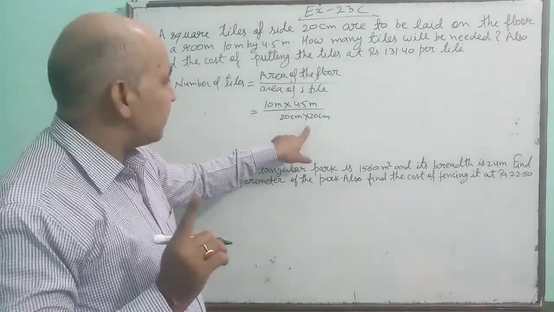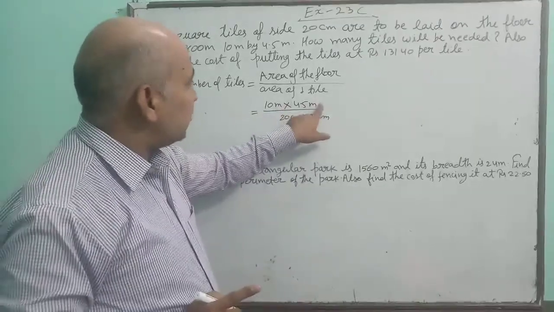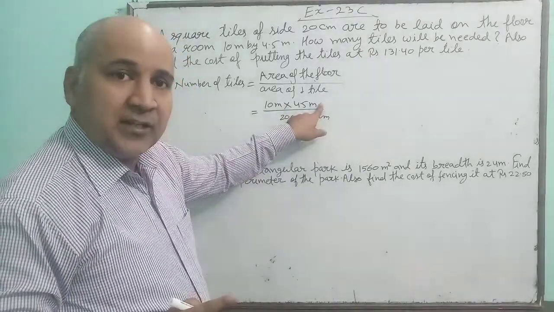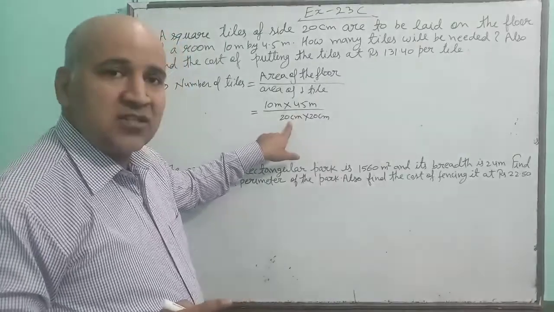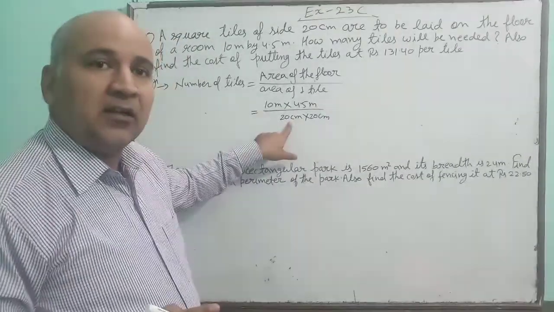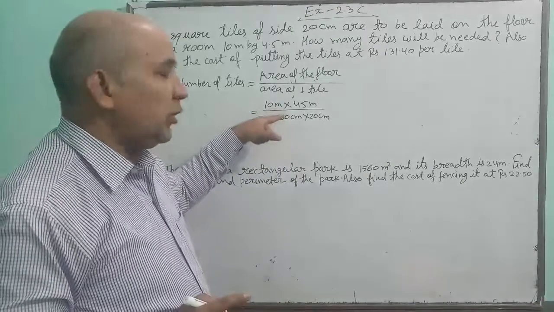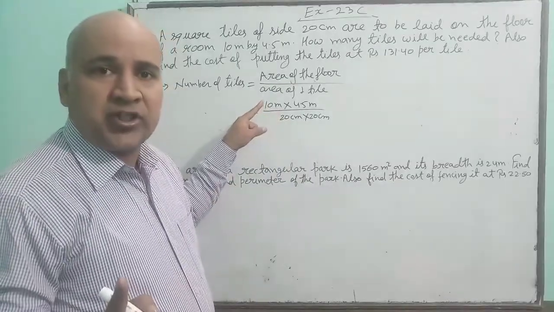Now be careful, children. The length and breadth of the floor are in meters and the side of the square tile is in centimeters. Without making the units the same, don't calculate your question.